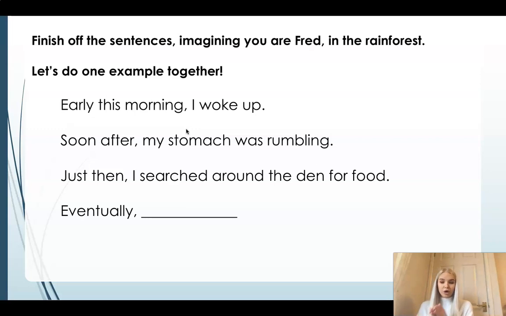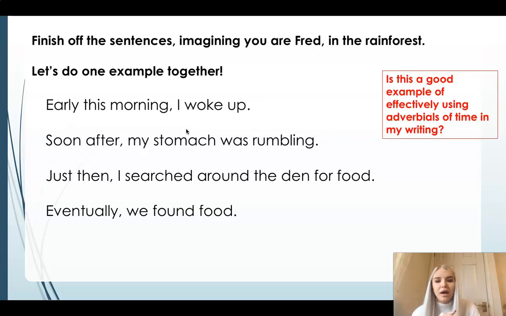So it's all the process of me trying to get food in the rainforest. Eventually, what happened last? So I'm searching around the den for food. Do I find food? Does something else happen? Eventually we found food. So I would like you to think about, is this a good example of effectively using adverbials of time in my writing?